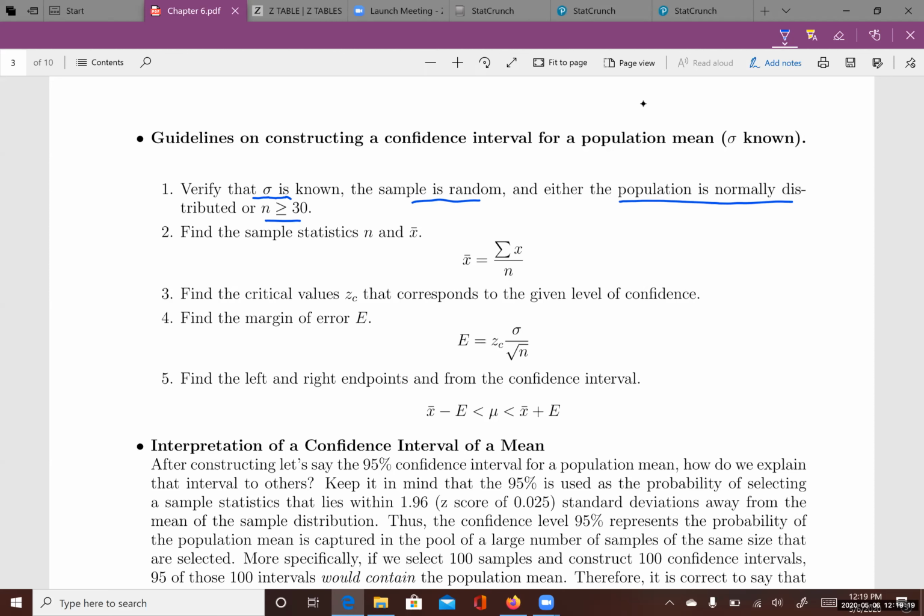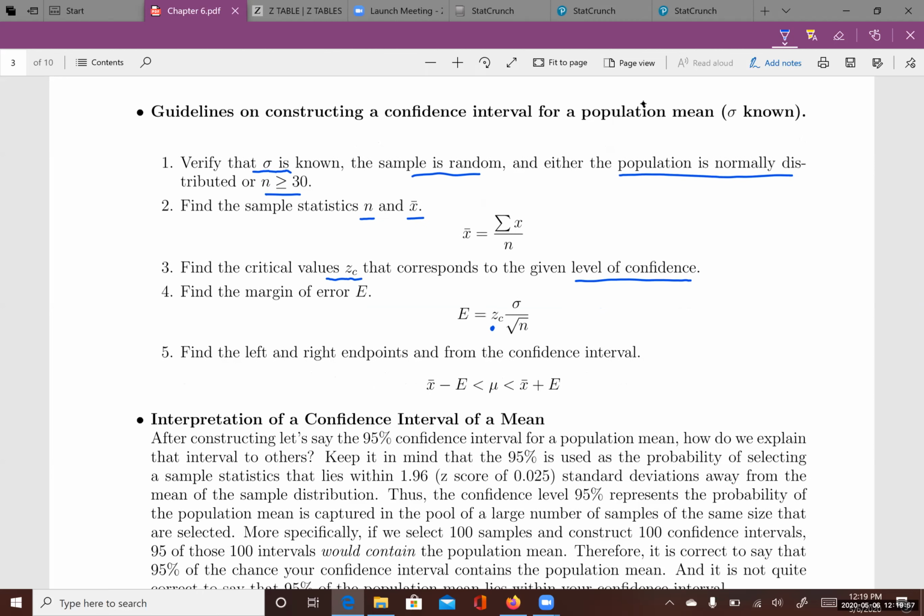Okay. And the next step is you find the sample statistics n and X bar, where n is the sample size and X bar is just the sample mean. The next step is to find the critical value, ZC, that corresponds to the given level of confidence C. Once you have ZC, sigma, and n, you can find the margin of error.